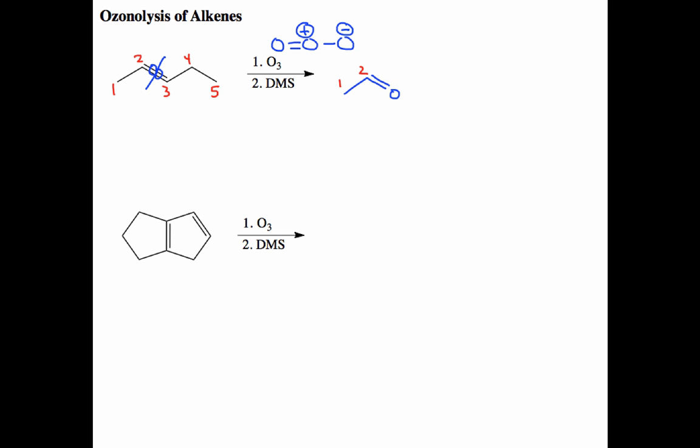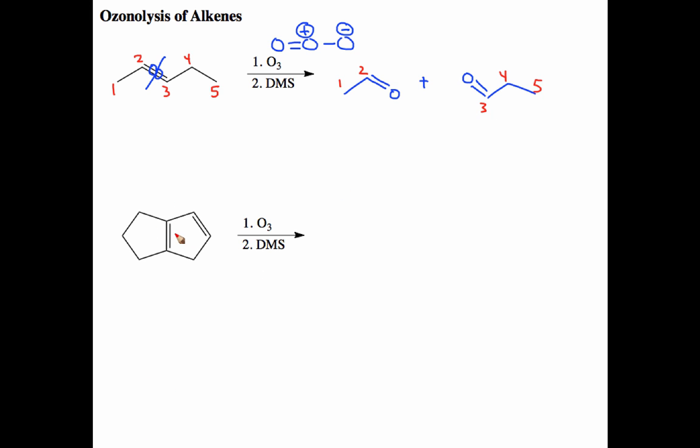So on our second fragment, we have carbons 3, 4, and 5, and 3 is double bonded to an oxygen. And we get these two fragments, and in this case, since we had just mono-substituted alkene on both sides, we end up with aldehyde products.